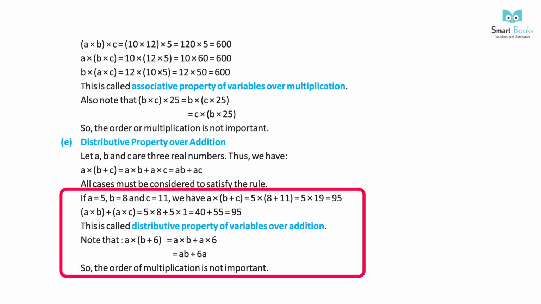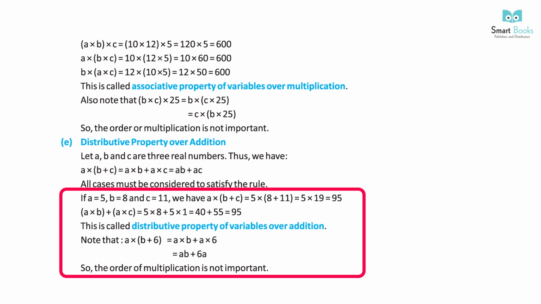A into b plus a into c equals 5 into 8 plus 5 into 11 equals 40 plus 55 equals 95. This is called distributive property of variables over addition. Note that a into b plus 6 equals a into b plus a into 6 equals ab plus 6a.